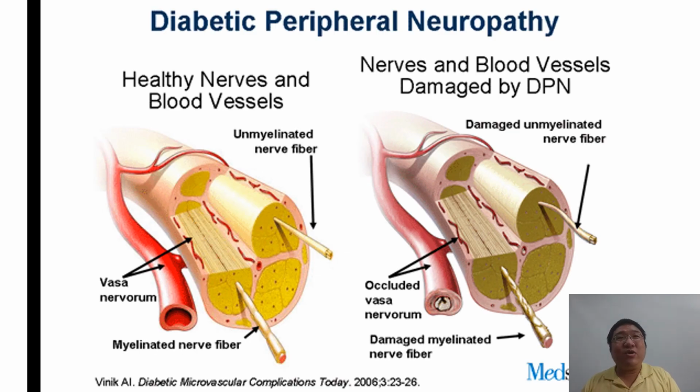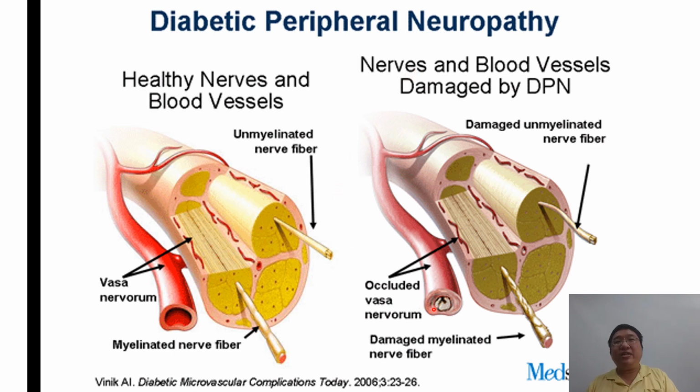Okay, this is one healthy nerve, and the nerve is supplied by blood vessels called vasa nervorum. Vasa nervorum. And the problem will be seen when there is damage in the diabetic patients.